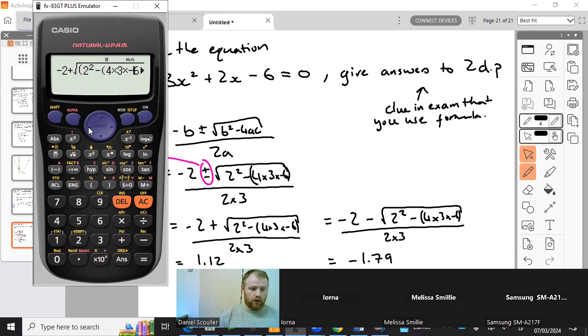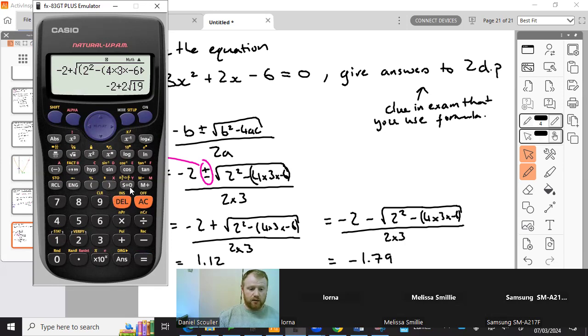Okay, so I've got that 4 times 3 times negative 6 in a bracket and everything underneath that root sign in a bracket. That's just sort of habit. You don't necessarily need to do that, but it keeps it in my head a wee bit tidier. So I'm going to press equals, and I get that sort of number.